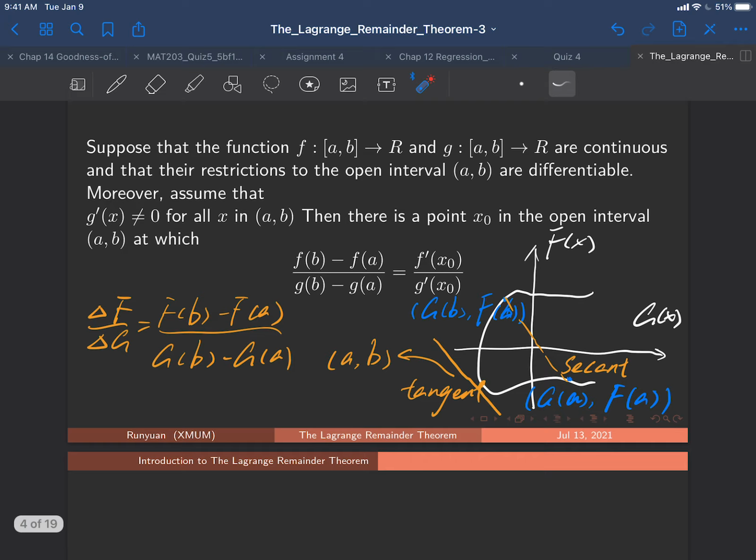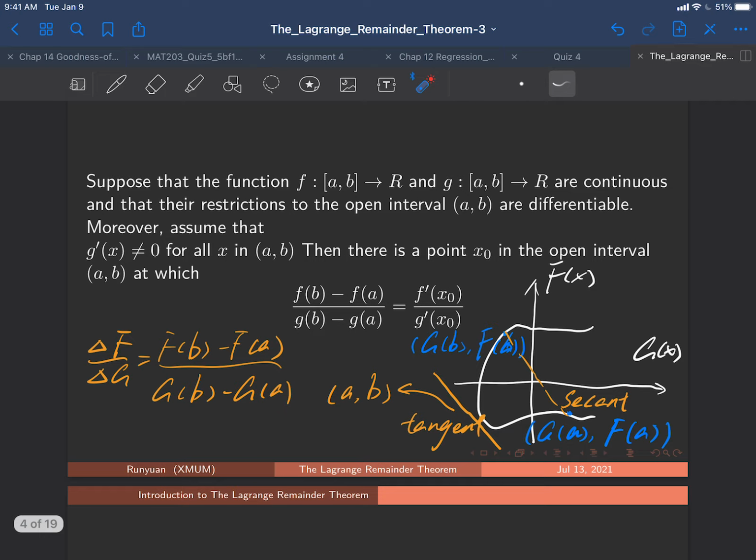So that is the Cauchy mean value theorem.